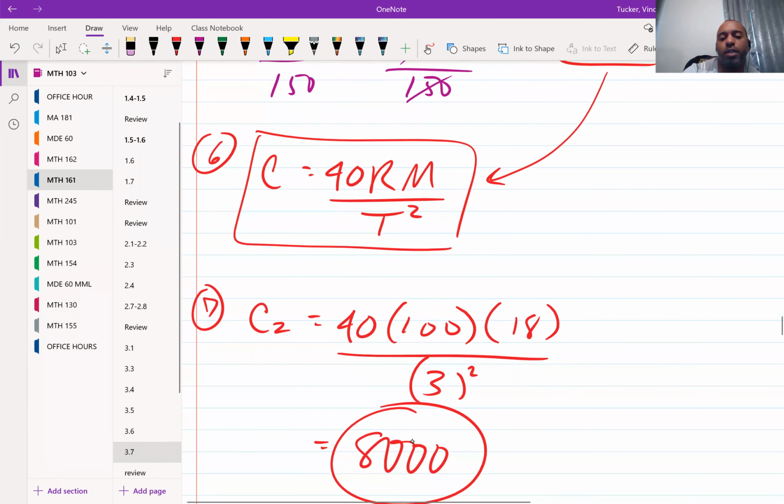R for 100, M for 18, 3 for T. And then when you simplify all of that, that will be 8,000 dynes. Any questions? Any questions?